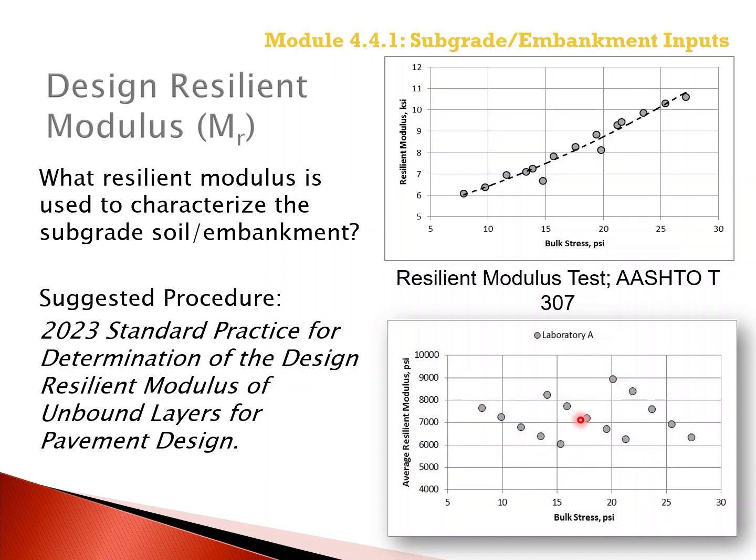So what resilient modulus is used to characterize the subgrade soil and embankment? Because only one value for the quasi-input level 1 can be entered in the pavement design software itself.